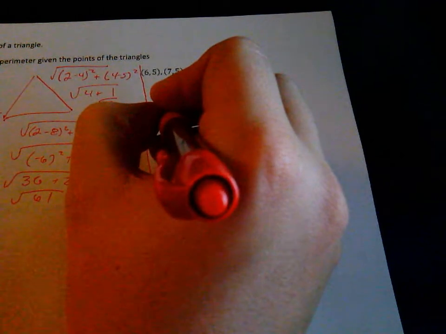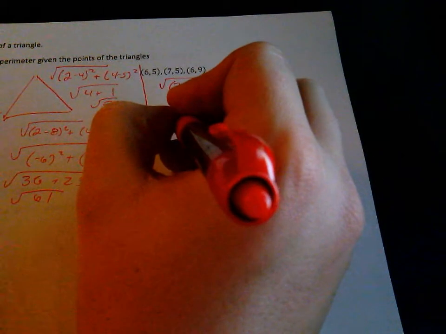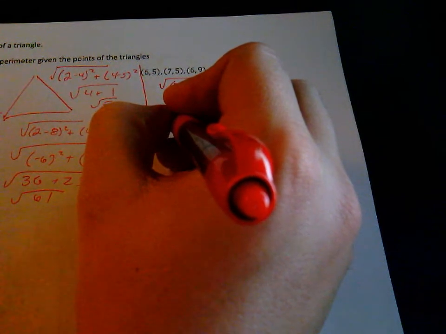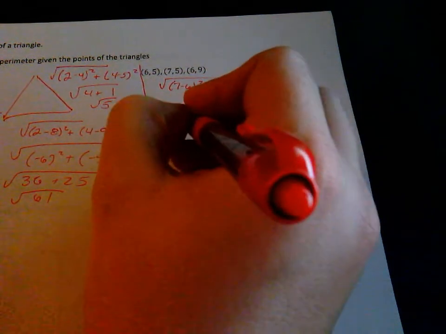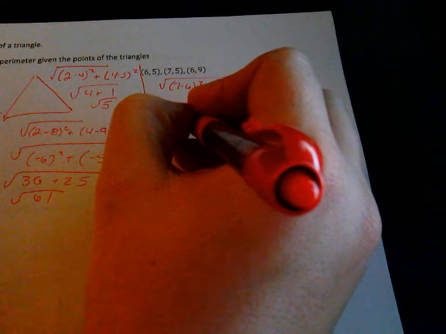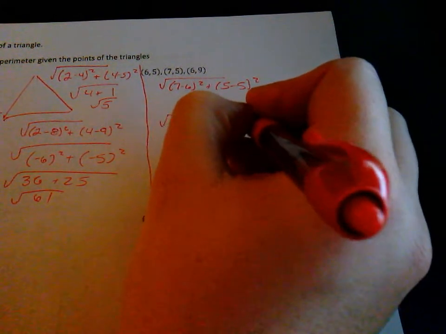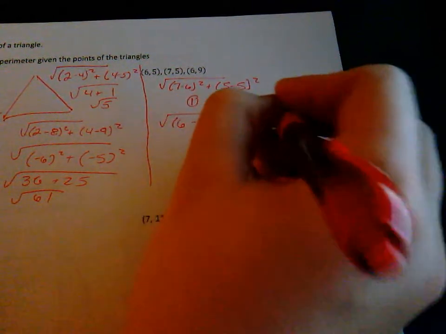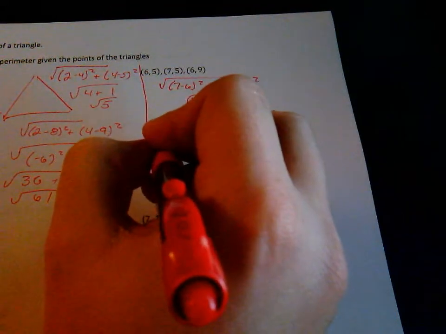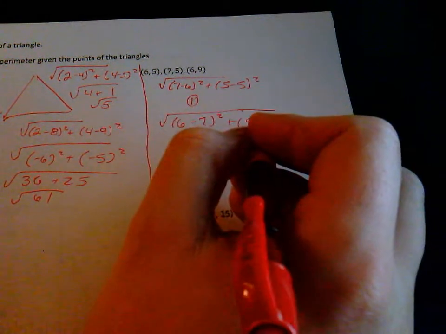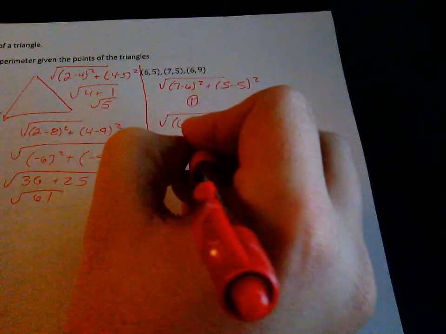The next one we're going to do is 6 minus 7 squared plus 9 minus 5, which will end up being the square root of 1 plus 16, so it's going to be the square root of 17.